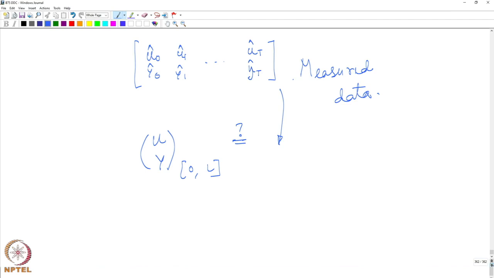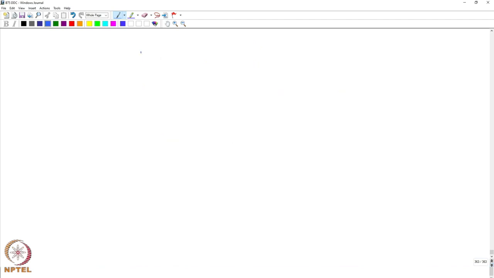What we did was we assumed that the input u hat is persistently exciting of order n plus L plus 1.